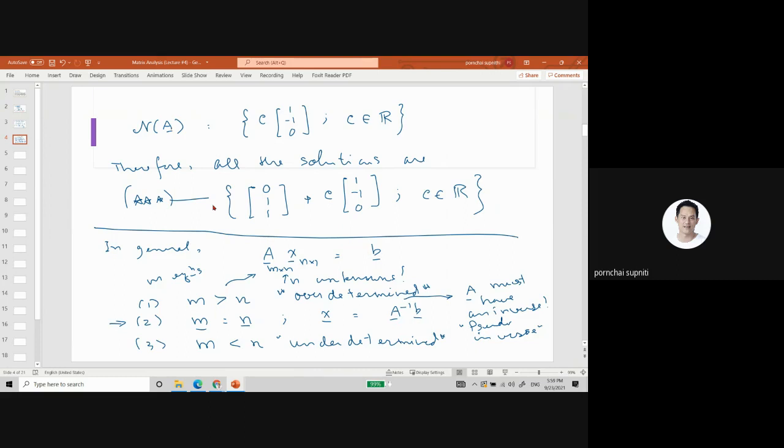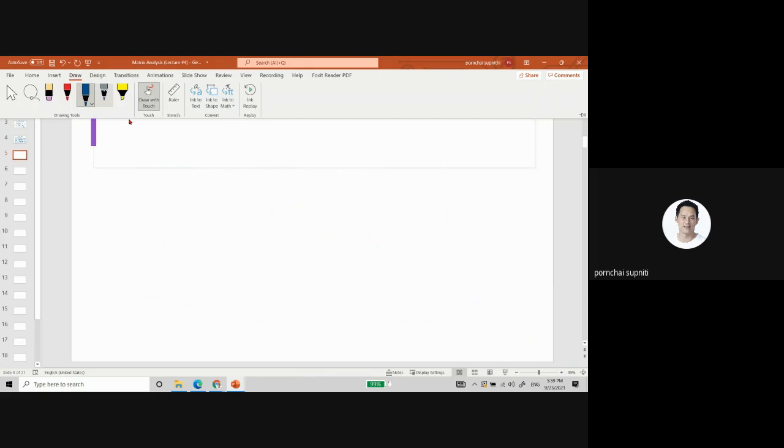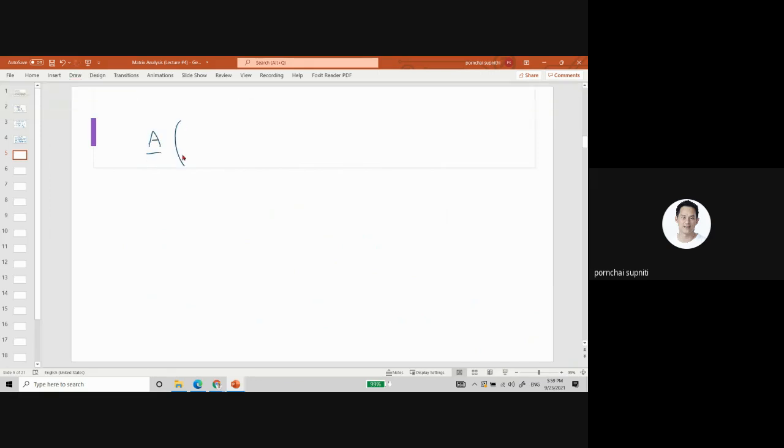So in this case, we see that these are all the solutions, right? Why are these all the solutions? Because if you multiply A with x0, this is a particular solution, plus the null space, you will get Ax plus Ay.